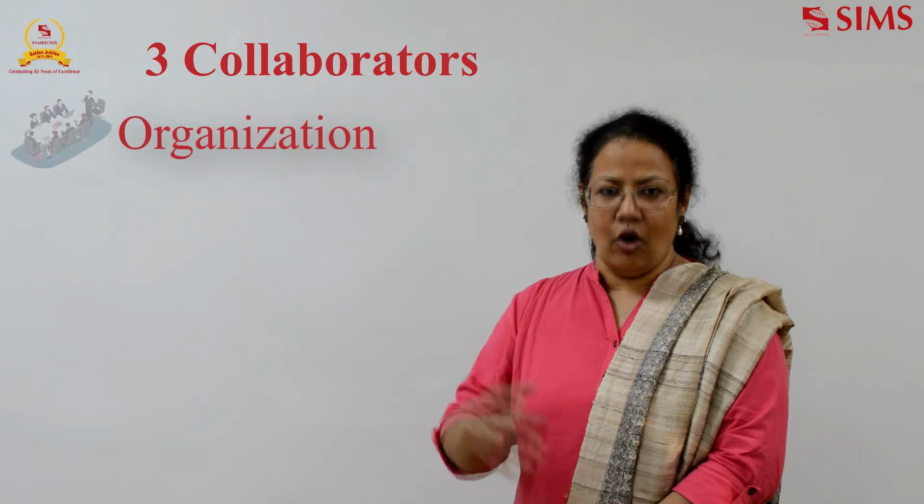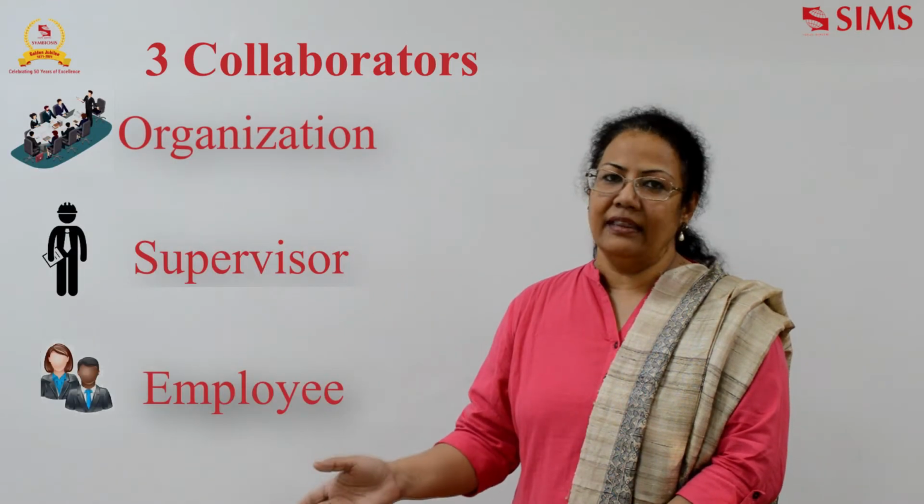Now the question arises, who is involved in the process of performance management? So there are three collaborators: the organization, the supervisor, and the employees. So all three of them will have a role to play in the process of performance management. So the organization is actually responsible for giving the right information to supervisors and to employees. And the organization is also responsible for coming up with a process in which documentation of this performance evaluation takes place.